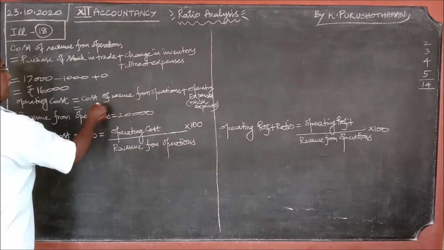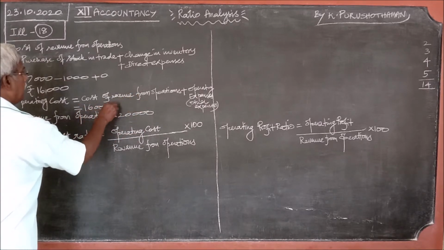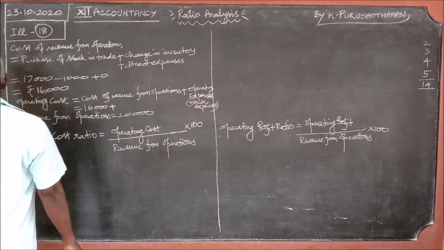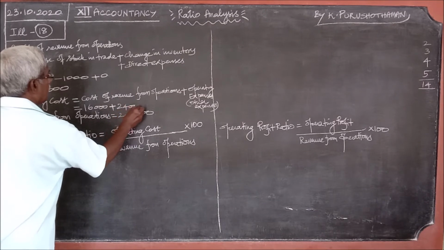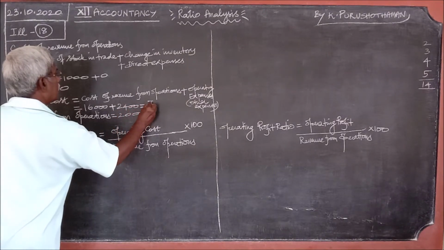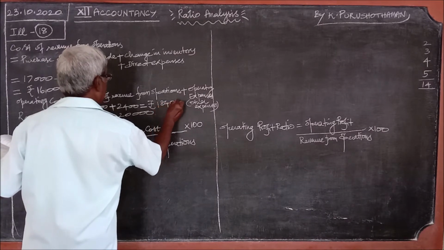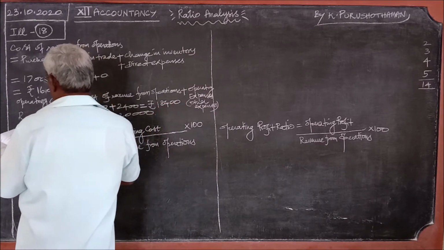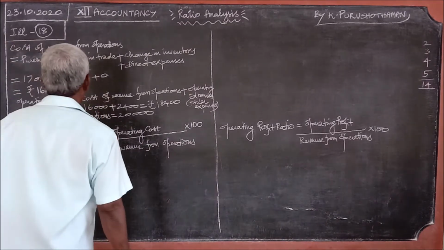See, the cost of revenue from operations 16,000 plus other expenses, that is 2,400, which is equal to 18,400. This is the operating cost. 18,400 is the operating cost.